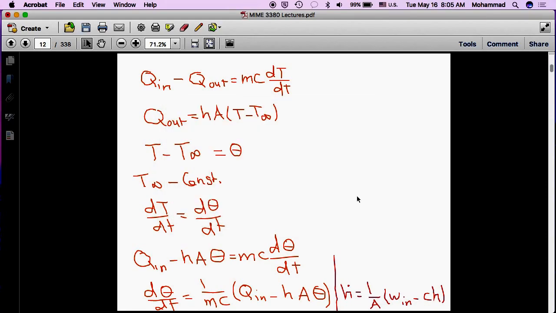For this system, if we have a constant flow of heat coming to the system.